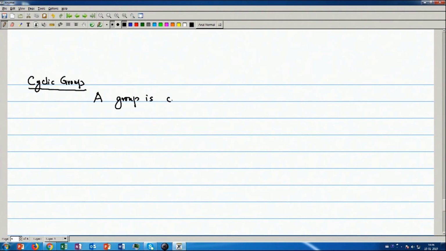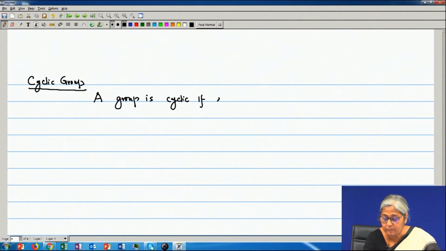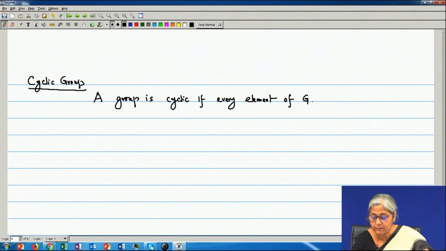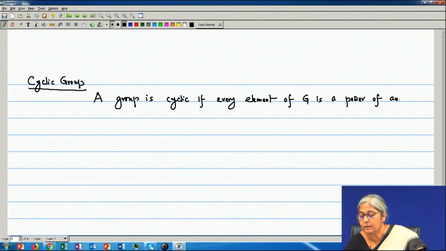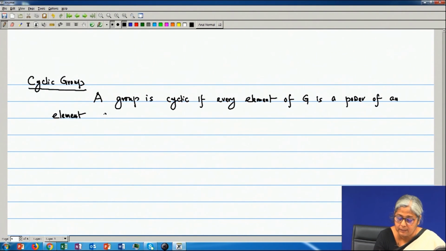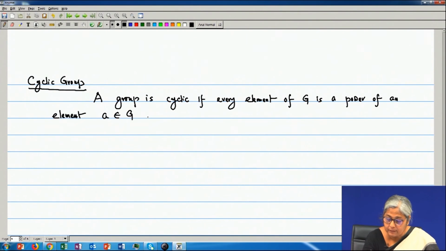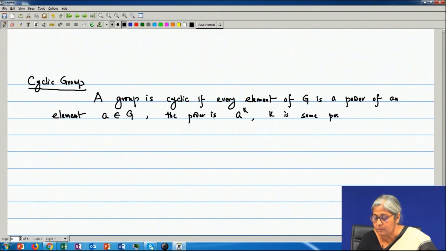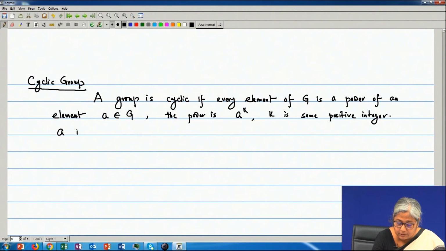The definition is the same: the group is cyclic if every element is a power of an element, say A belonging to G, where the power is A to the power k, where k is some positive integer. And A is called the generator.